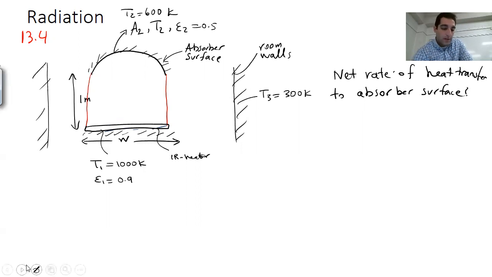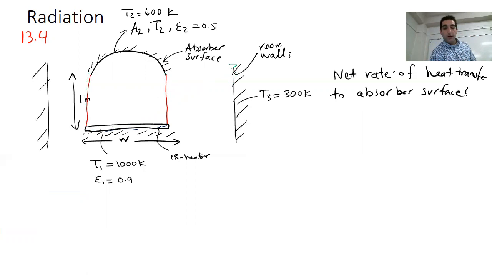Because in terms of radiation, if a portion of radiation from the heater can hit this wall, if I have this imaginary wall here, it's definitely going to hit it. So you can really assume you have your room wall here and then close your enclosure. Now we have an enclosure. And I have a three surface enclosure, right?